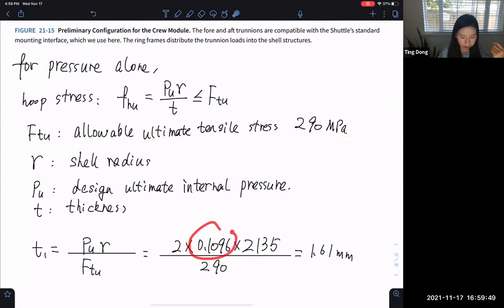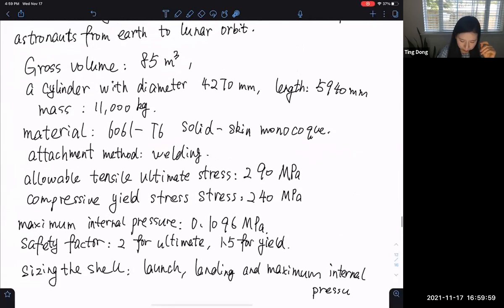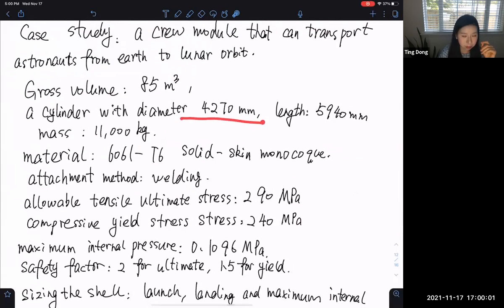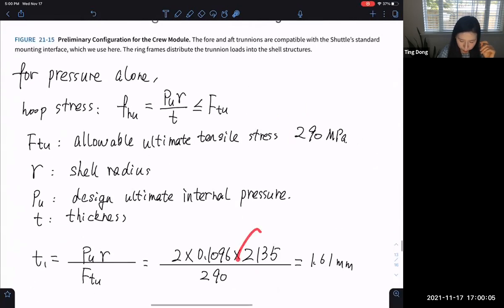The internal pressure, this is the maximum internal pressure, and this is the radius of the crew module, because at the beginning, the design diameter is 4270, so the radius is 2135, and this is the ultimate tensile stress.